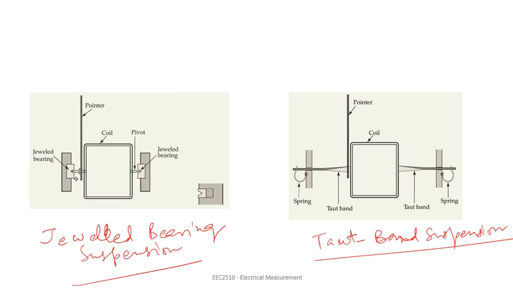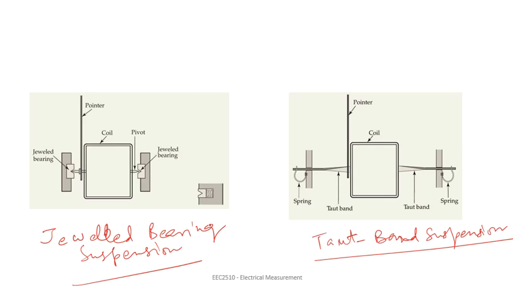The ends of these shafts are called pivots. These pivots are just being inserted into these jewel bearings. So what happens is this allows the coil to rotate freely, with the least possible friction. This is the main feature of this type of suspension.